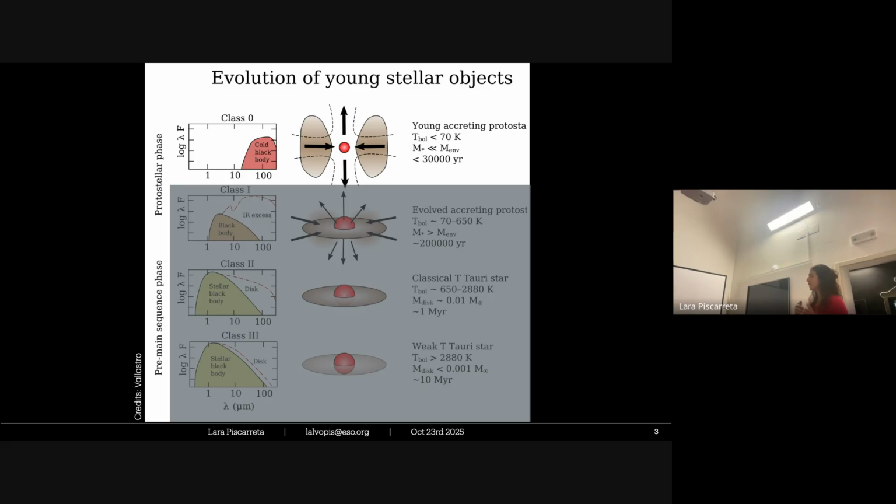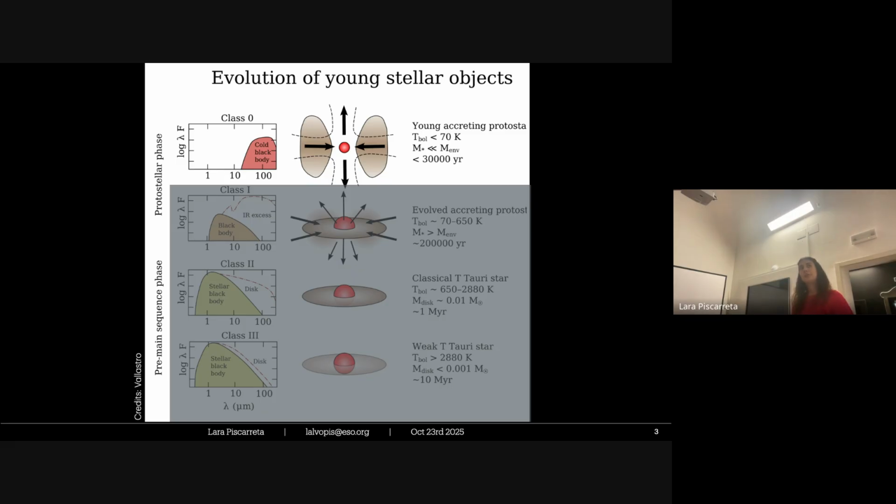So this stage is where we still don't really have a defined central object. And most of the mass is actually surrounding this potentially central object, in what we call the envelope. And in this stage, we see very strong outflows. And basically the SED just looks like an excess in the infrared part of the spectrum.